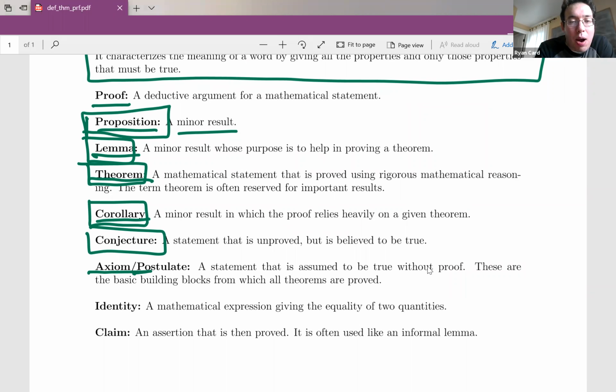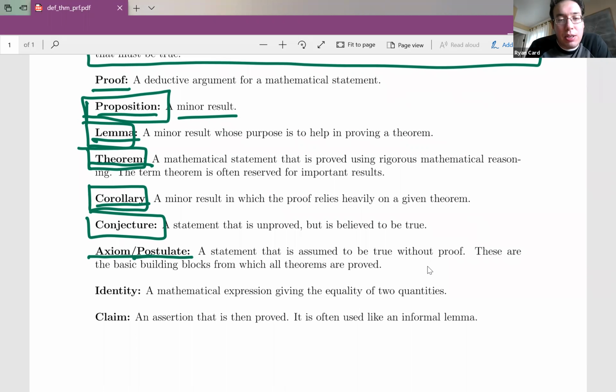Axiom or postulate are words used for facts that you take for granted. You can't prove any theorems out of thin air. Even mathematics has to start from some statements that are given to us. So axioms, or equivalently postulates, are basically the starting statements we start with.